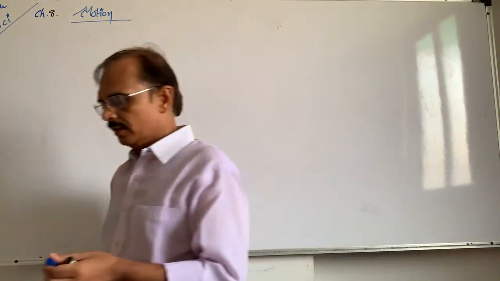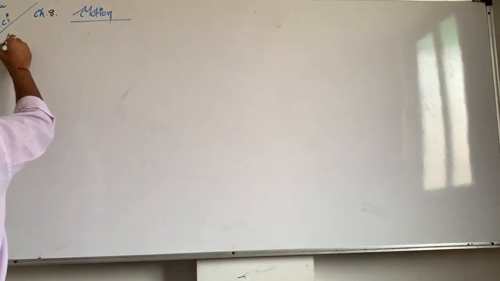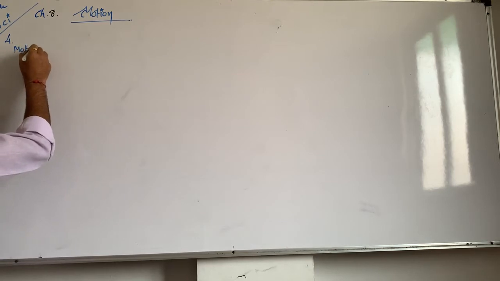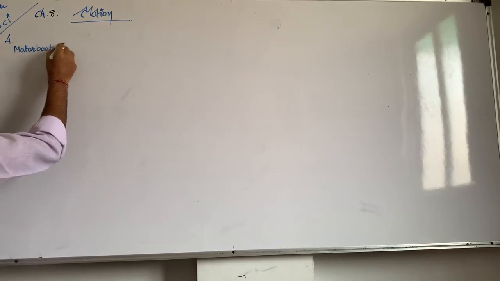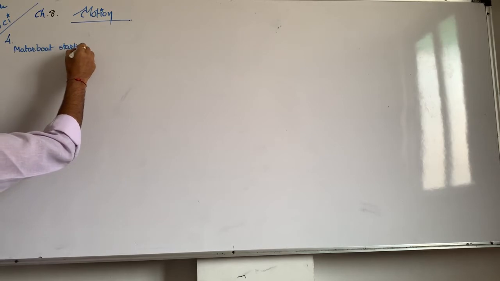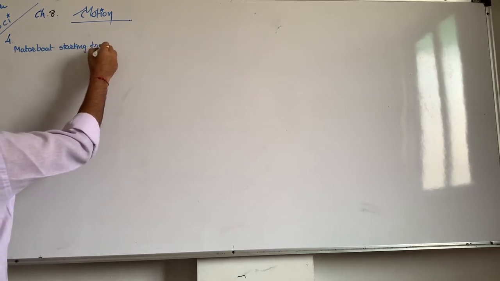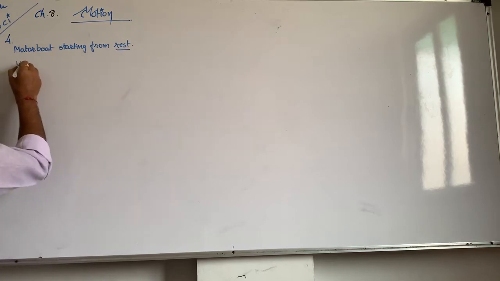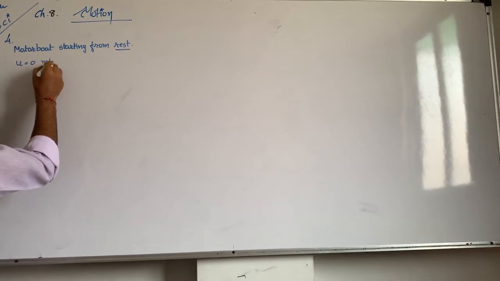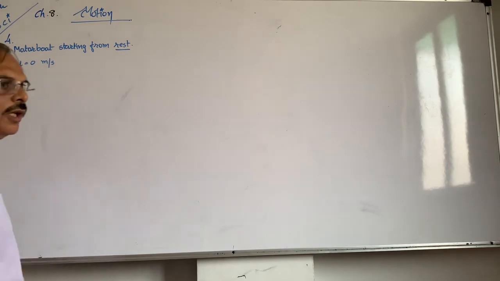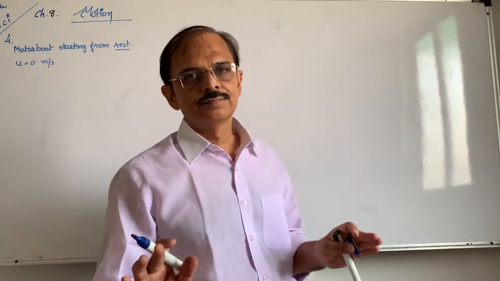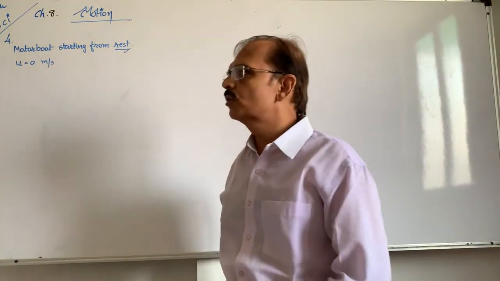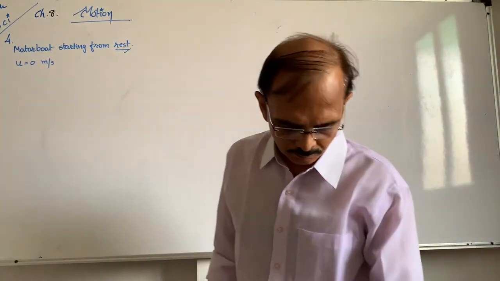Rest means steady state. So the motorboat starting from rest means steady. So we write initial velocity of motorboat u equals 0 meter per second. That we select because the given is motorboat starting from rest.